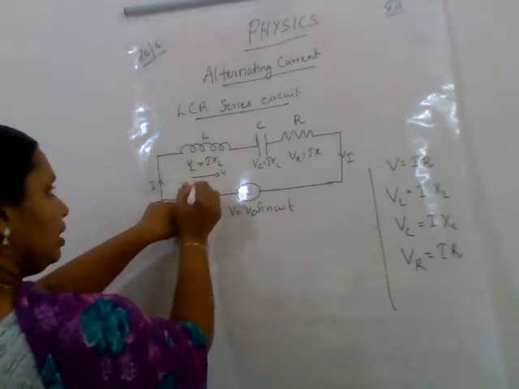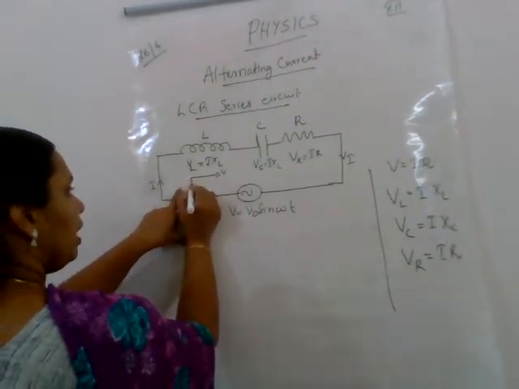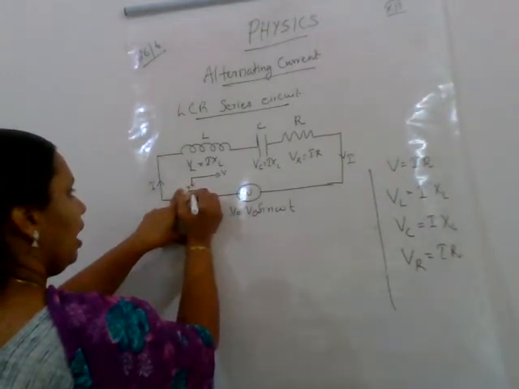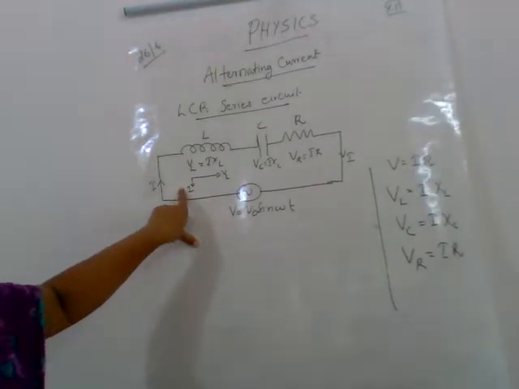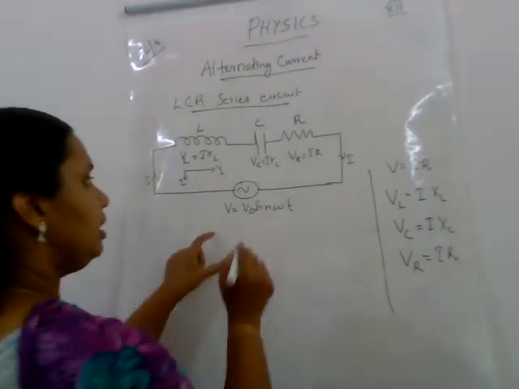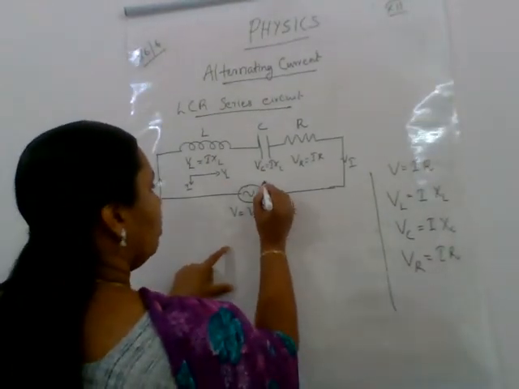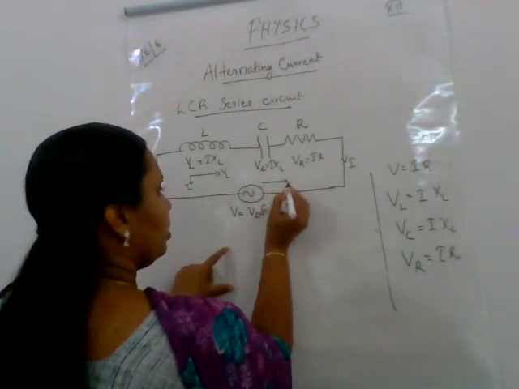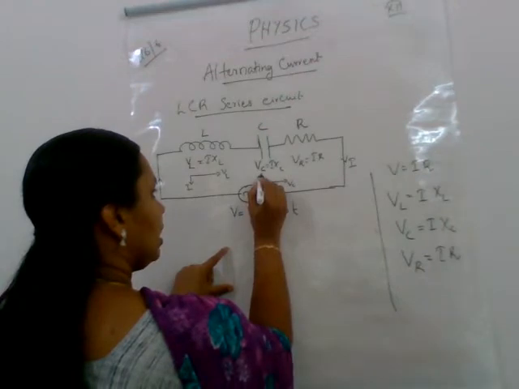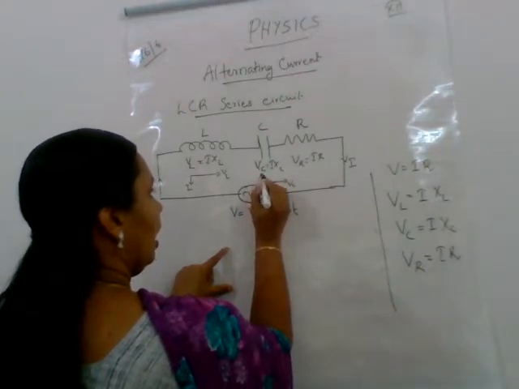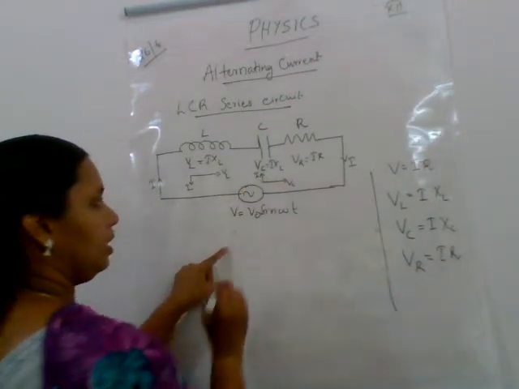So this is VL and this is I. And this VC and I we can draw. Voltage you always take along this direction. So this will be VC, and where is I? This will be I in the case of capacitor.